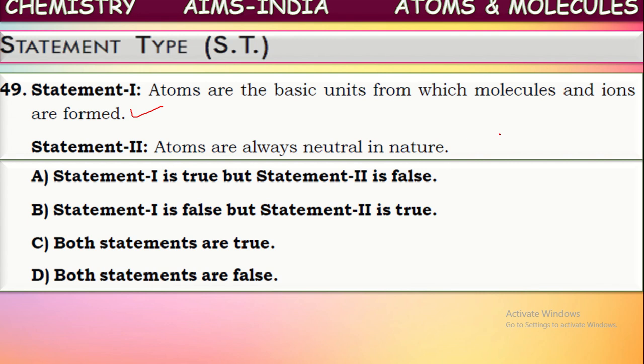If it is mentioned as an ion, its number of electrons may vary, then it may not be neutral. Positive ions have a positive charge. Some ions, by gaining electrons, get a negative charge. But in an atom, the number of electrons and protons is equal, and hence it is neutral. So both the statements are true here.